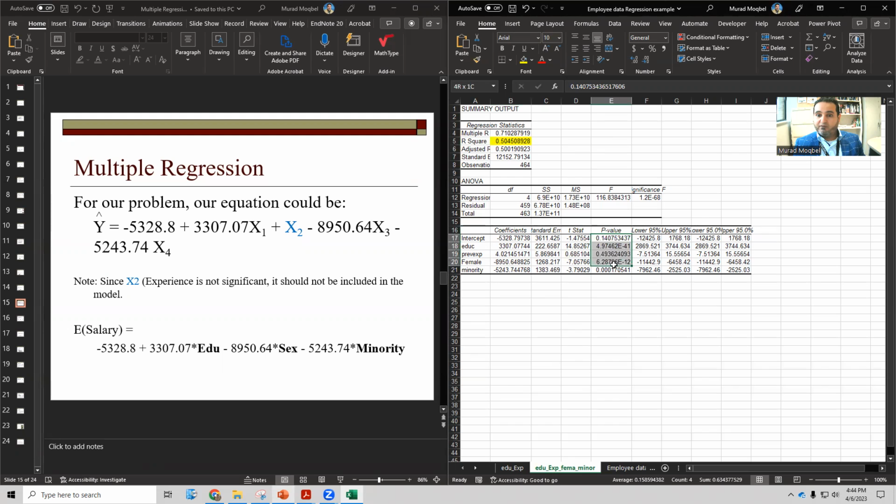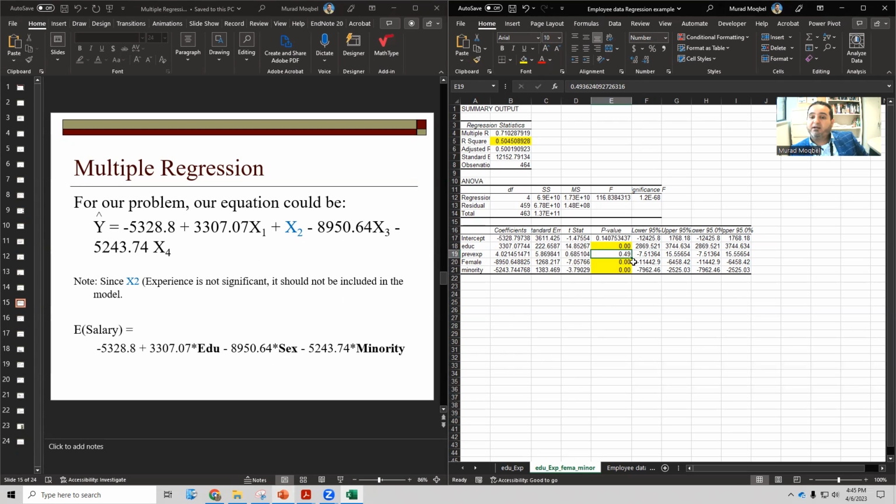So for p-values, you just put numbers here. They are all significant except for this one. The independent variable that is not significant, I'm not going to include in my model. And you see that I didn't include previous experience because it's not significant.